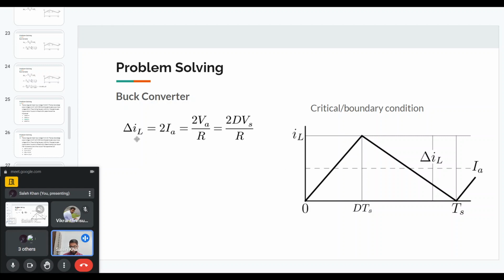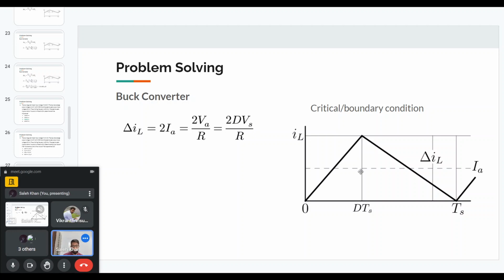So that is why I've written that delta IL is twice the average output current, and then you can substitute the average output current as output voltage by output resistance, and the output voltage can be put as duty times the input voltage.